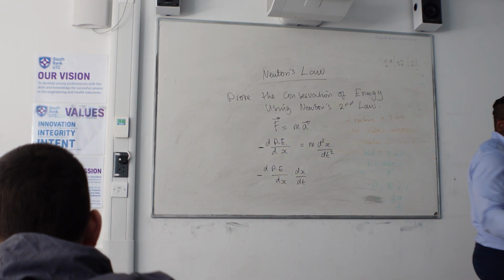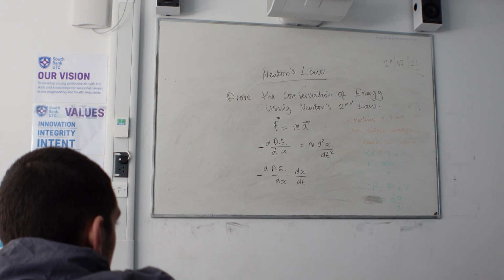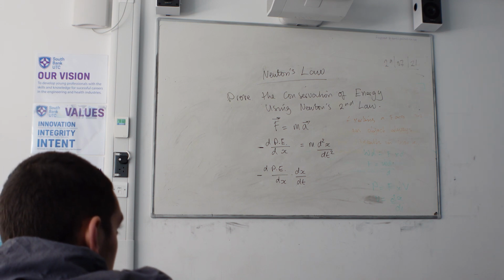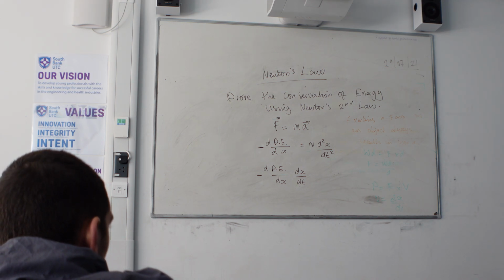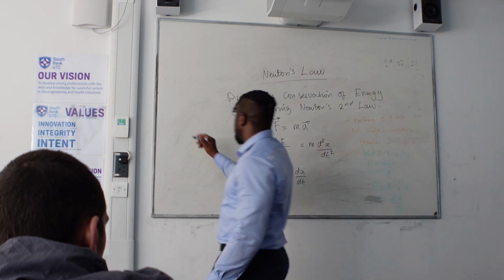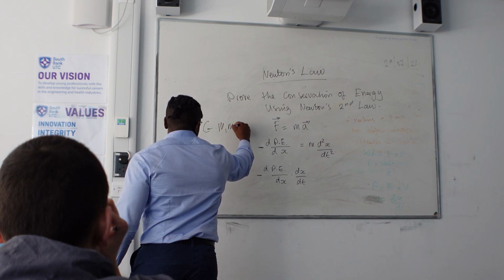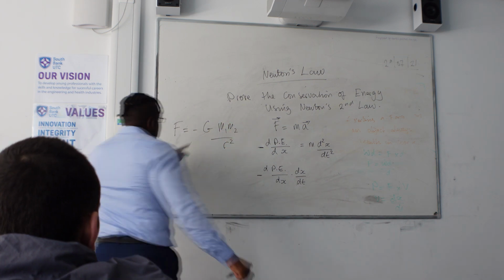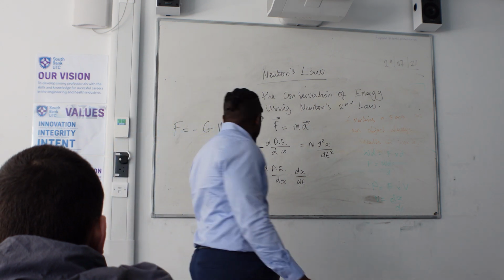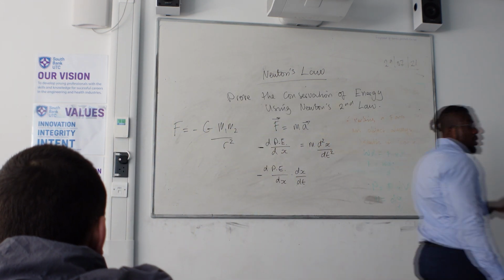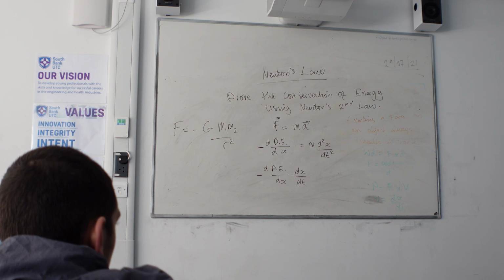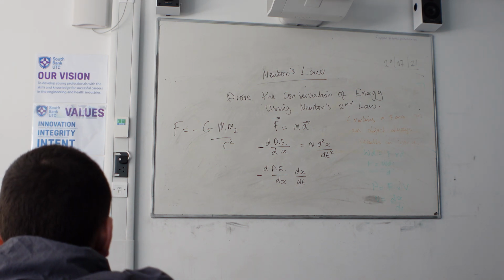When you go into A2, I assume all of you are doing A2 physics, you will see two more examples of this. The gravitational equation, which is F equals minus big G m1 m2 over r squared, negative sign. This is key for the universe because it literally means that everything in the universe actually wants to get back together again. Gravity always acts to restore things to the state which they were originally at, right?